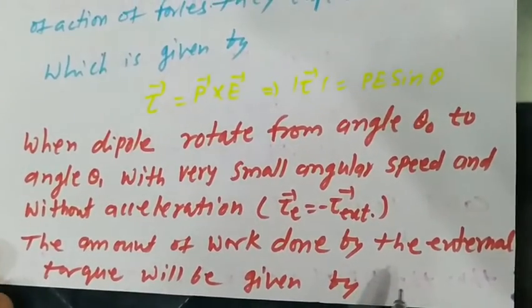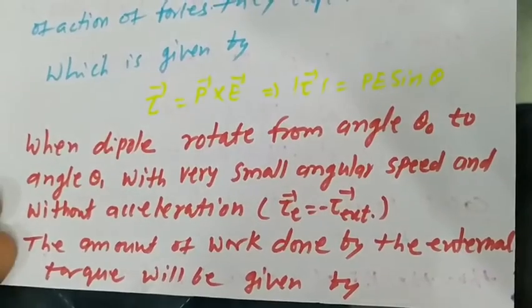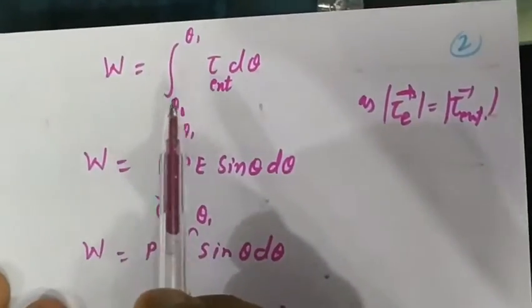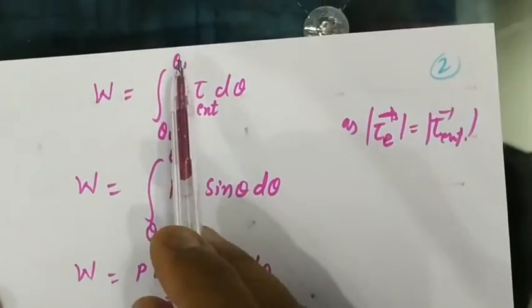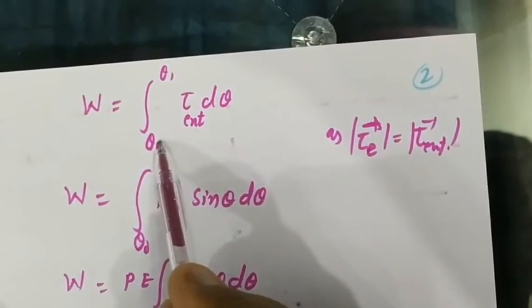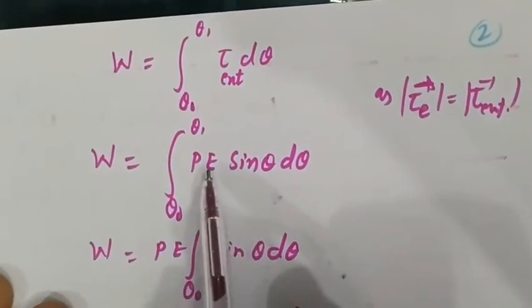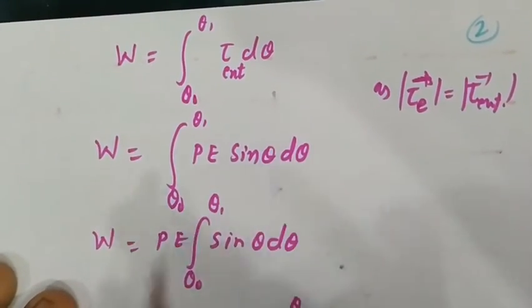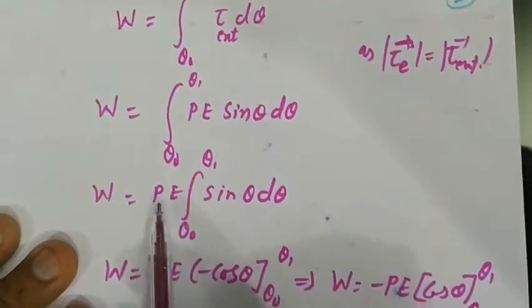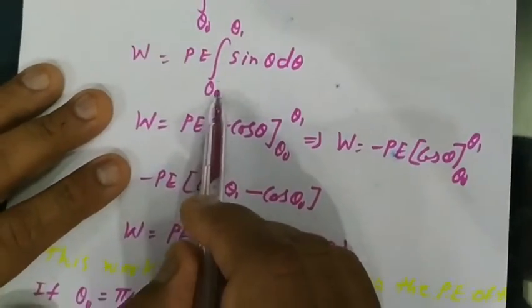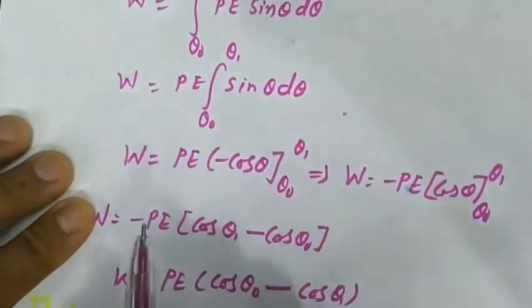The amount of work done by the external torque will be given by W equal to integration from theta naught to theta 1 of tau external d theta, or PE sin theta d theta, or PE just taken as common, integration from theta naught to theta 1 of sin theta d theta.